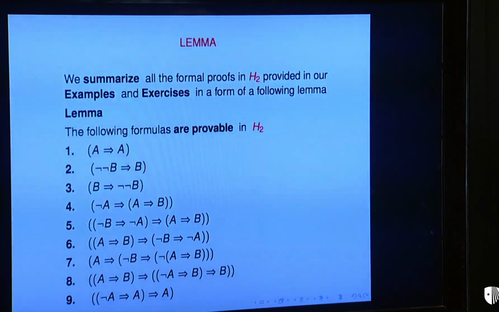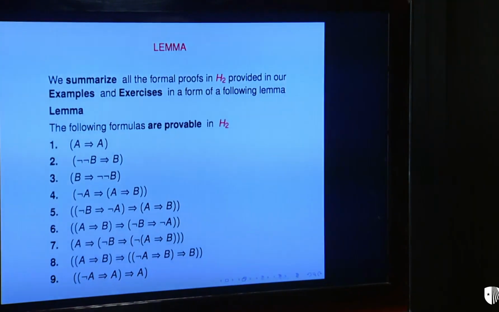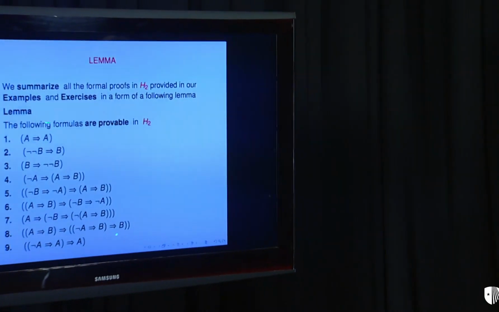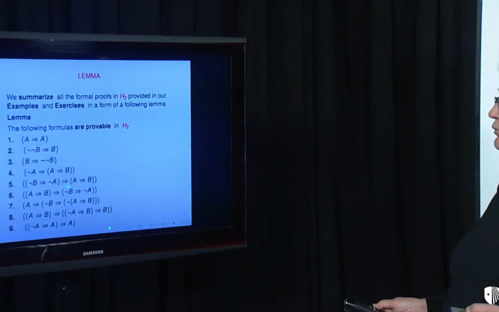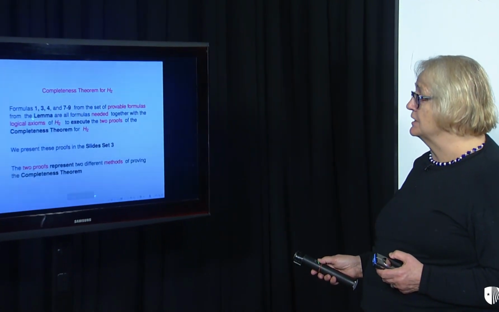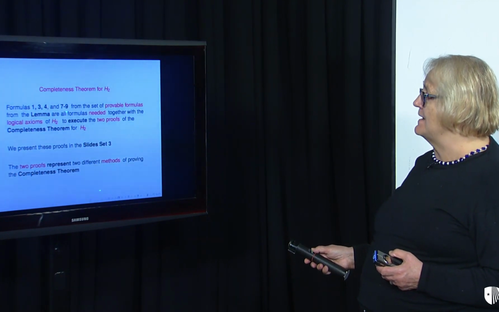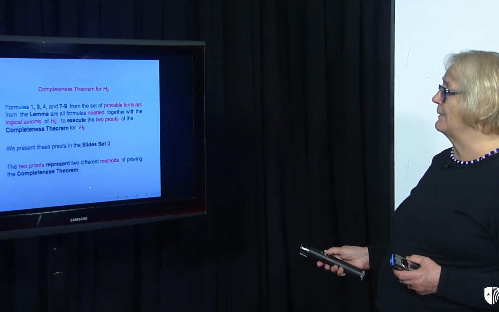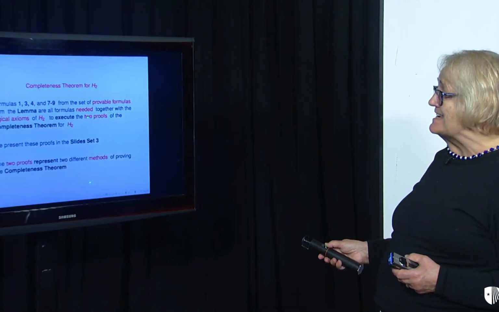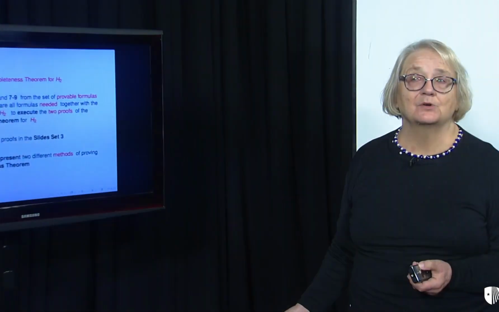Why did I choose those formulas? They were not randomly chosen. They were chosen, for example, because I need this for the proof of that and so on, but mainly because the formulas 1, 3, 4, 7, 9 from the set of provable formulas are needed, together with the logical axioms of H2, to execute those 2 proofs of the completeness theorem.